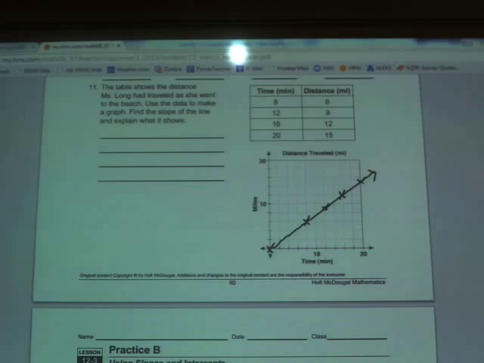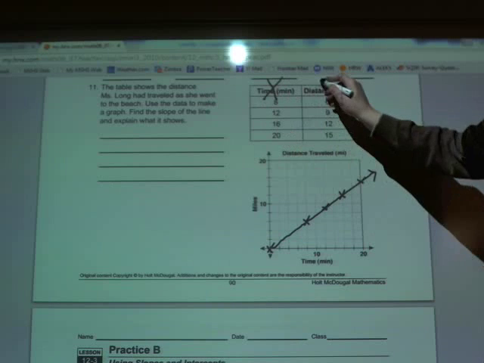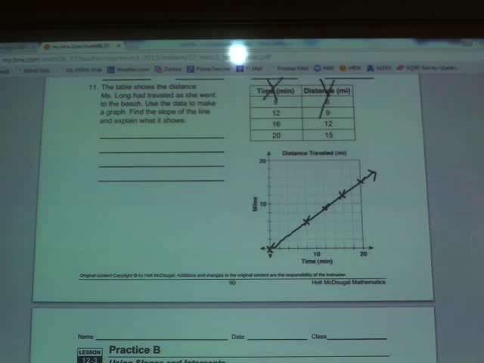Now what they're going to ask us to do here is to find the slope and explain what the slope means. Well, remember, these are my x's as we graphed them. These are my y's. So the formula for slope, like we saw in the beginning there, tells us I can count the rise and the run to go from point to point.